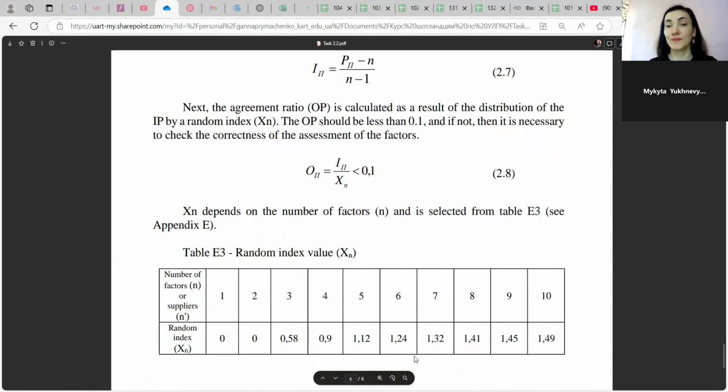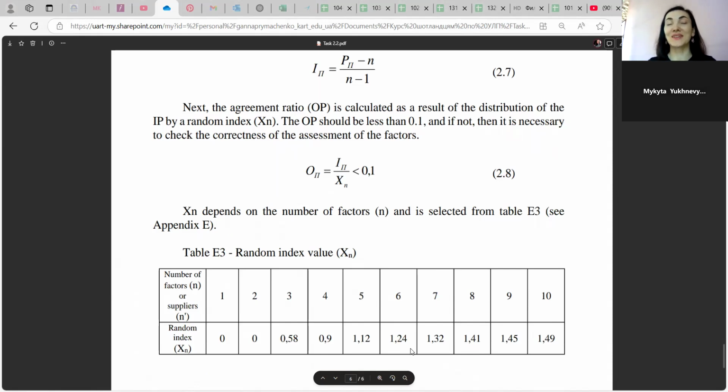So for calculation of formula 2.8 we write O with index P is equal to, and in the upper part we write the result of formula 2.7, divided by 1.24 for all variants. Calculate it, and we hope that the result will be less than 0.1.